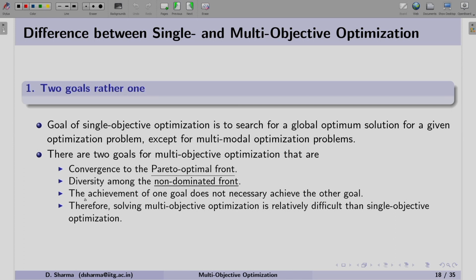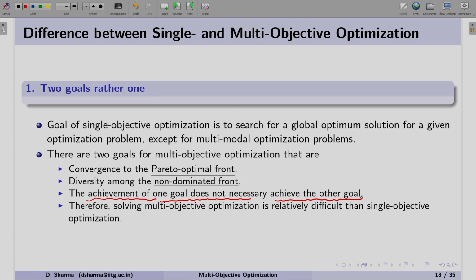Now, here the achievement, so as we have to understand that if suppose we achieve one goal in multi-objective optimization, it is not necessary that we are going to get the other objective. So, both the objectives are different.